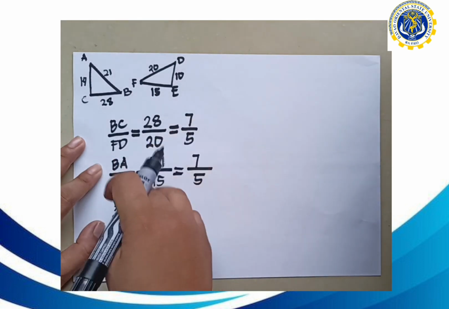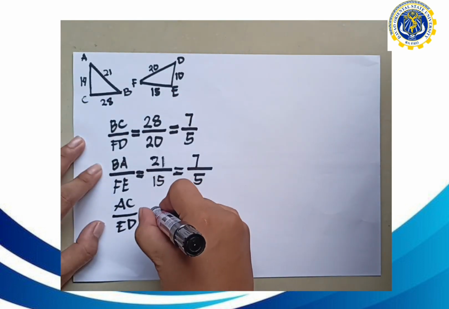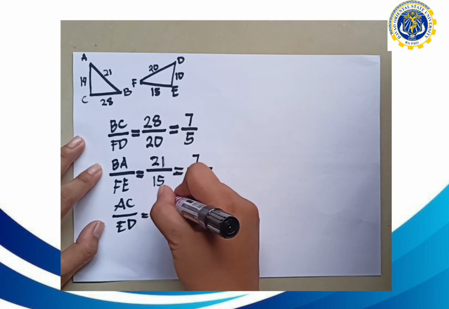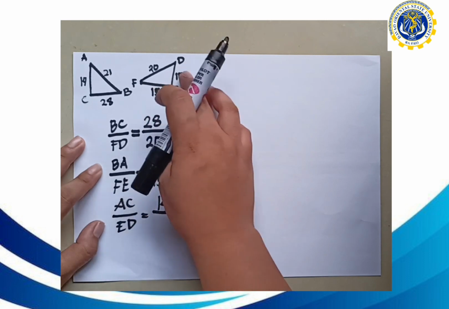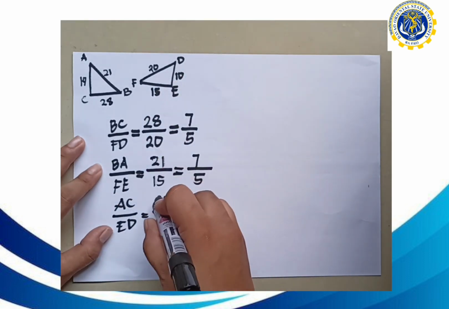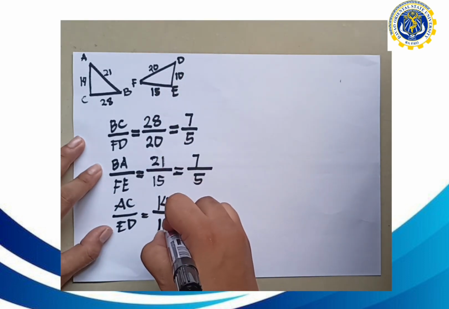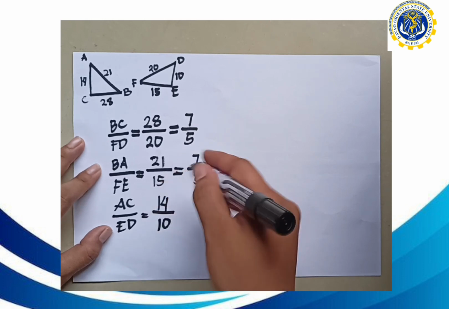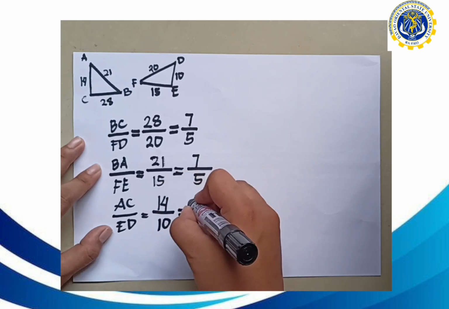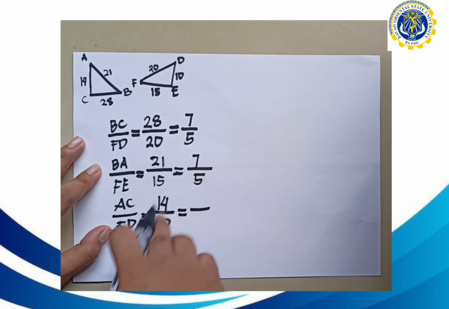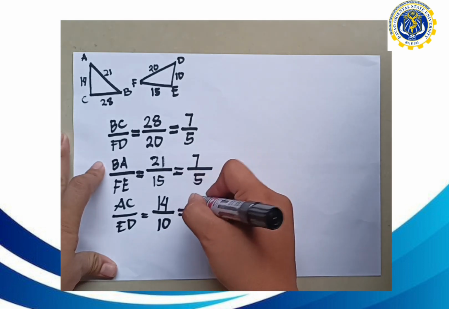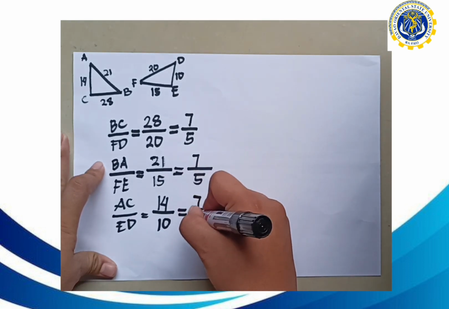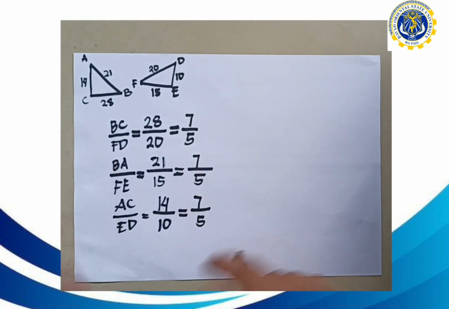It's because AC has a value of 14, which is the shortest side, and ED has a shortest side value of 10. Then all you have to do again is reduce this value, and we have 7 over 5. So it seems very simple.